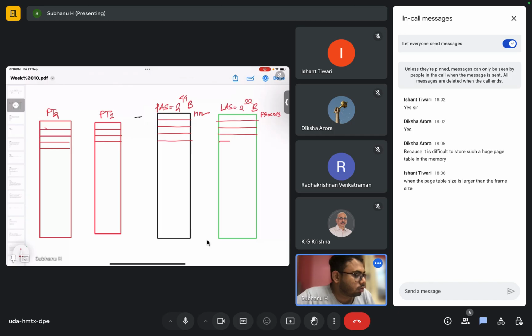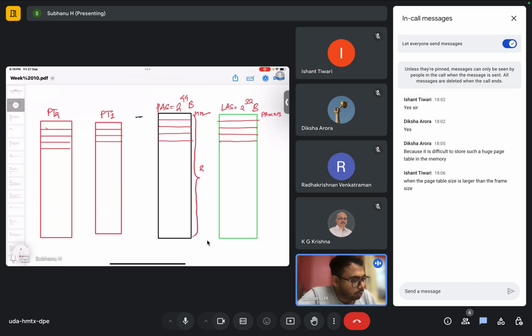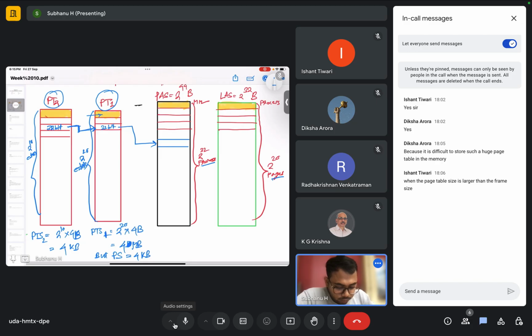This is 2 to the power 32 frames in the physical address space. And here, how many pages do we have in the logical address space? We have pages, right?